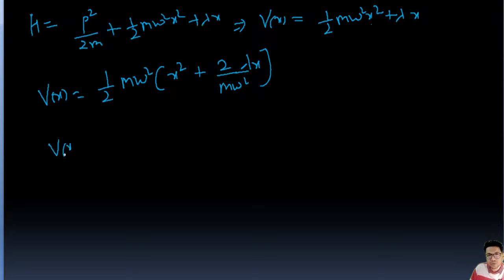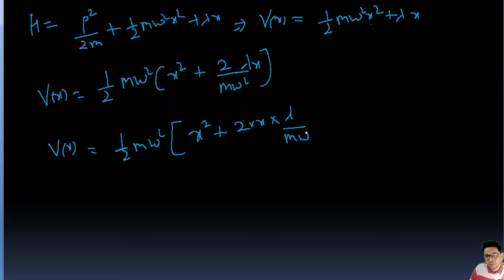So V(x) is half m omega square common, and we can write x square plus 2 into x into lambda upon m omega square. I'm writing like this because I'm going to make it a perfect square.